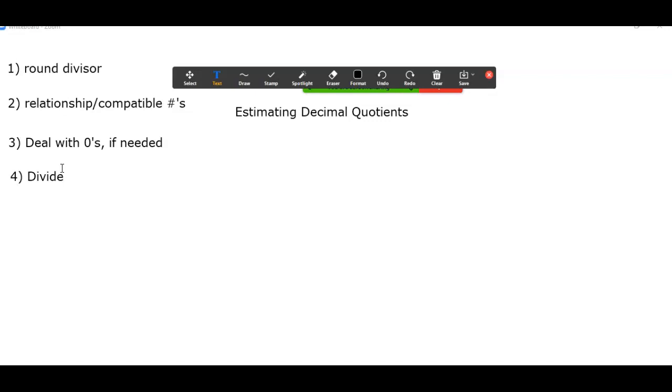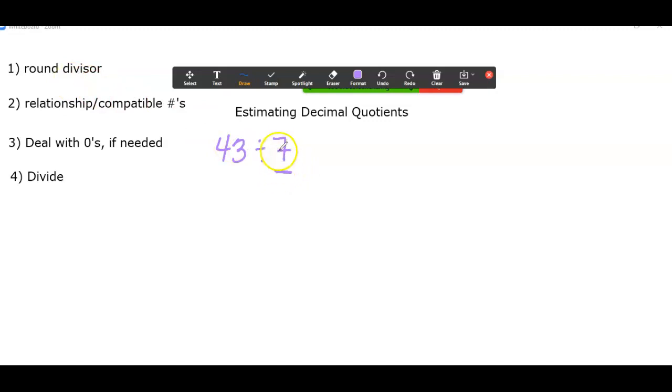All right, so we're going to do 4 problems together in this video, but before we do that, I just want to review these steps with you using just whole numbers, as a review. So if I have 43 divided by 7, my first step is to round my divisor. Remember, your divisor is the number you're dividing by.